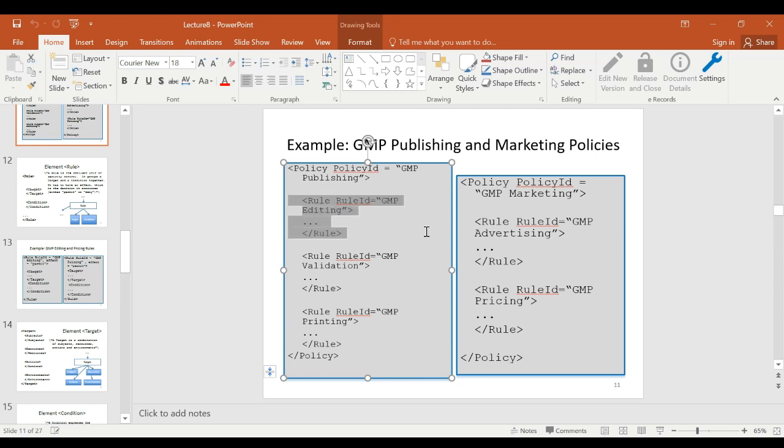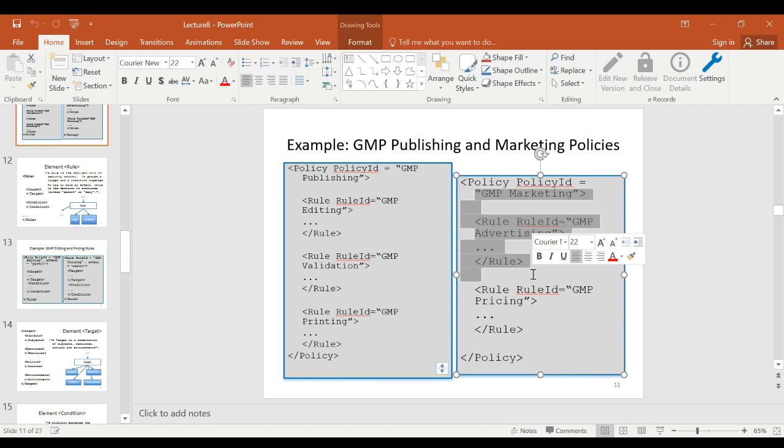The first is a rule that controls the editing of the different geographical map files. The other rule will validate the various versions of each file, and finally the last one will control the printing of each map.